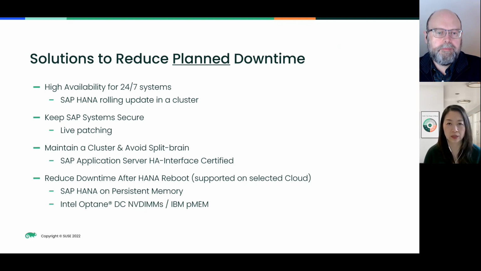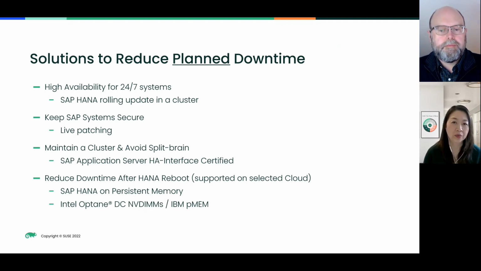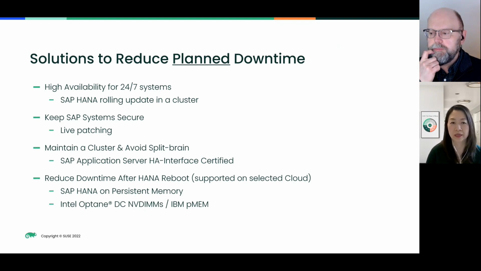So if you have HANA running in the cluster, very often it requires downtime to be able to do some maintenance work. So for that, SUSE has created this rolling update process, so the customers can avoid downtime to do the maintenance to the HANA system replication in the cluster.